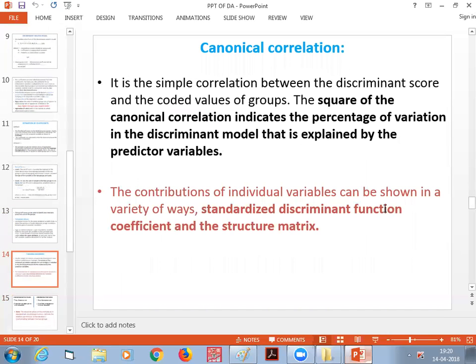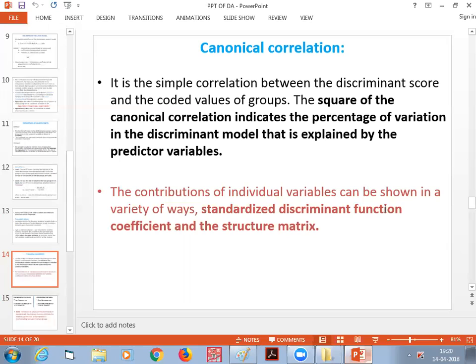Then the canonical correlation is there. It is a simple correlation between the discriminant score and the coded values of the groups. So again, this is another type of correlation. Earlier, the correlation was between X1 and X2, X1 and X3, etc. Now it is the correlation between Y and X1, Y and X2, Y and X3, etc. That is known as the canonical correlation.